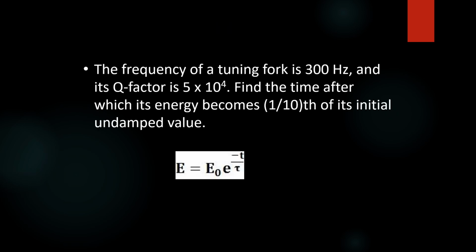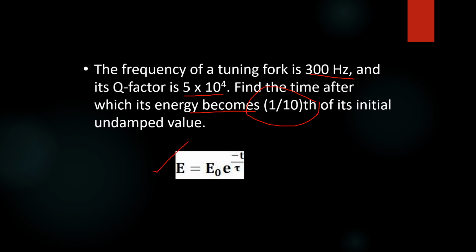Now next problem. The frequency of a tuning fork is 300 Hz and its Q factor is 5 into 10 raised to 4. Find the time after which its energy becomes 1 by 10th of its initial value.